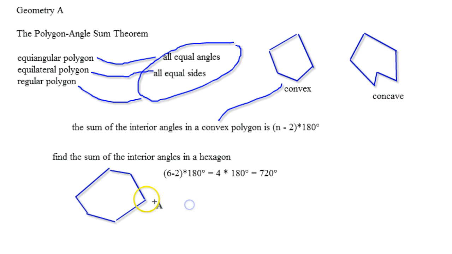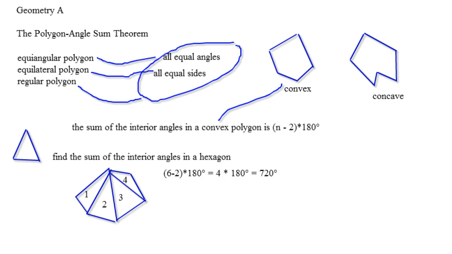Now, do I know anything about those angles? No, but I do know that they all add up to 720 degrees. Now, why does it work that way? Everyone can agree that the sum of the interior angles inside of a triangle is 180. If I go from one vertex to all the other vertices, with a hexagon I can make 4 triangles.